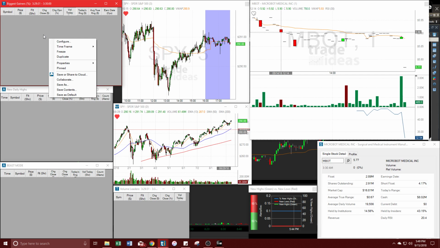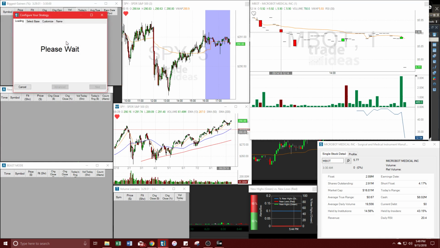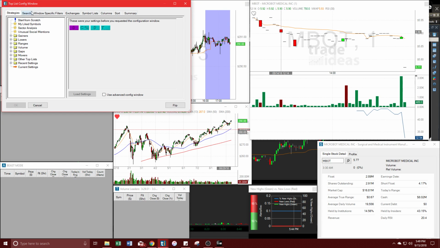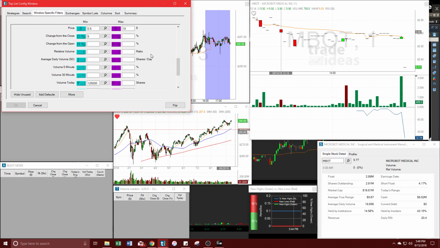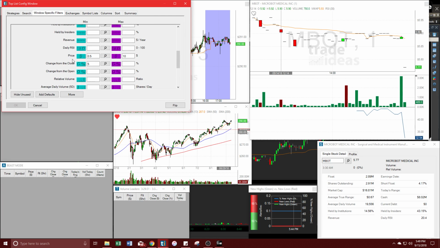Well, if we go to Trade Ideas, I've got the biggest percentage gainers here. Go to the configure and advanced. I have this set scanning for stocks between 50 cents and $10. I'm going to change this to 0.20.